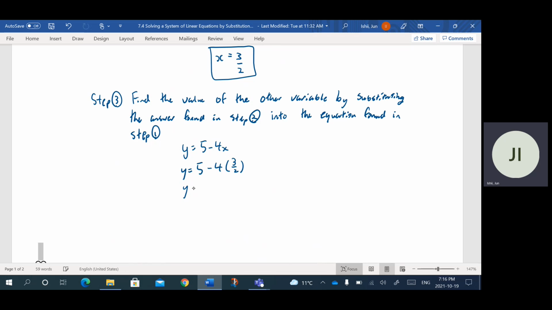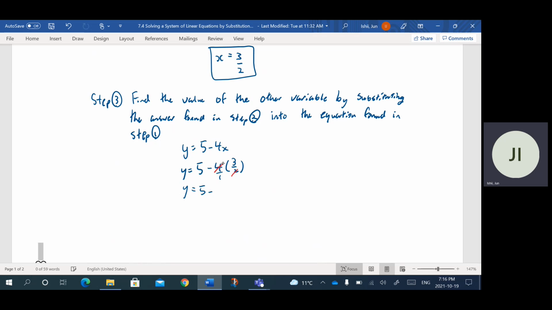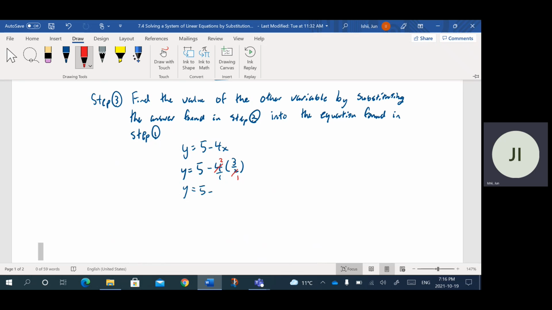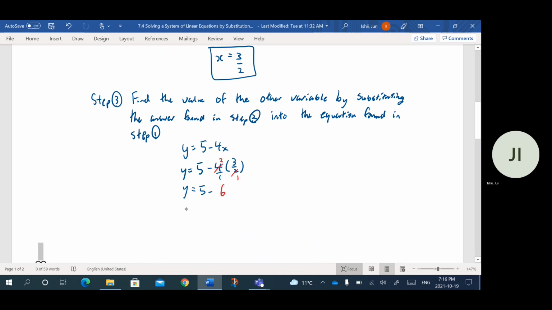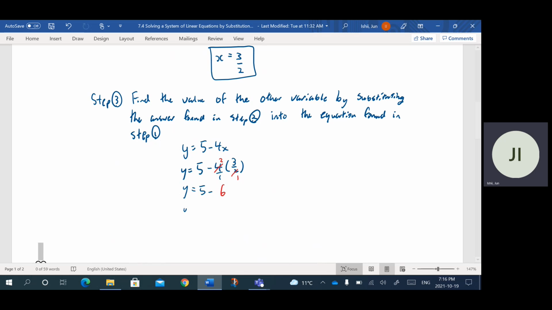So y is going to equal 5 minus, now this is the same as 12 over 2. Actually, before I do that, I just realized that we can reduce this now. The 4 reduces to 2 over 1. So this is going to equal 5 minus 6, which means y is now going to equal -1.